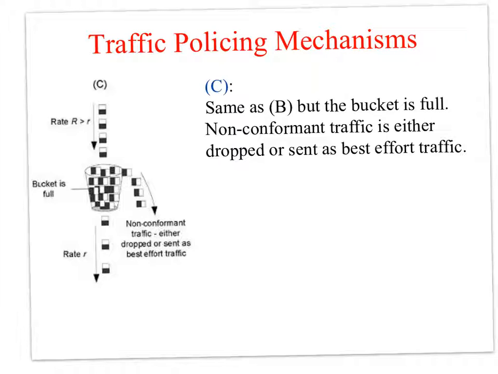So we discussed traffic policing, and we said that traffic policing mechanisms are used to regulate the traffic and to make sure that the traffic parameters abide by the requirements from the network side.